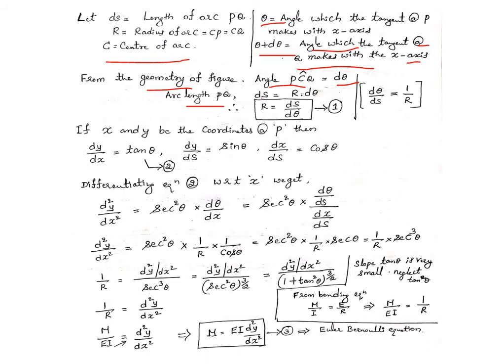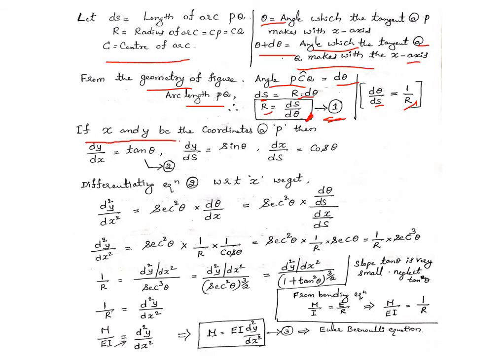Arc length PQ, that is ds, equals r into d theta. Now r equals ds by d theta. This we can take as equation 1. And also, if you take the reciprocal, d theta by ds equals 1 by r.